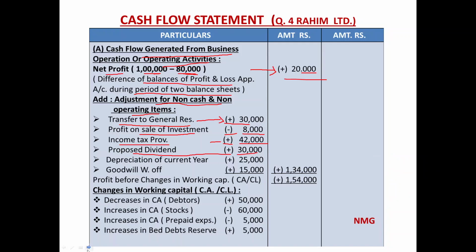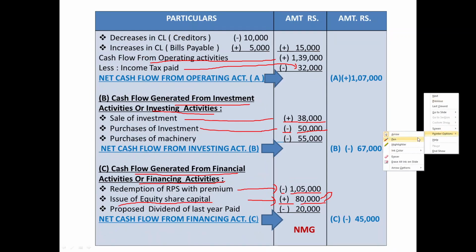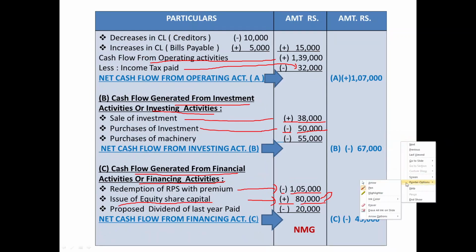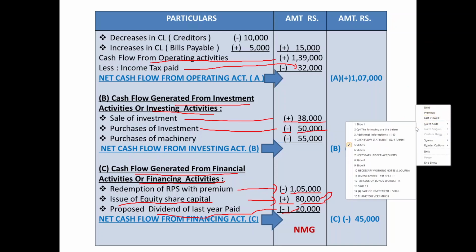While the payment of rupees 20,000 goes under title C, proposed dividend of last year paid, minus 20,000. So this was the impact, costing and cash flow impact for proposed dividend.